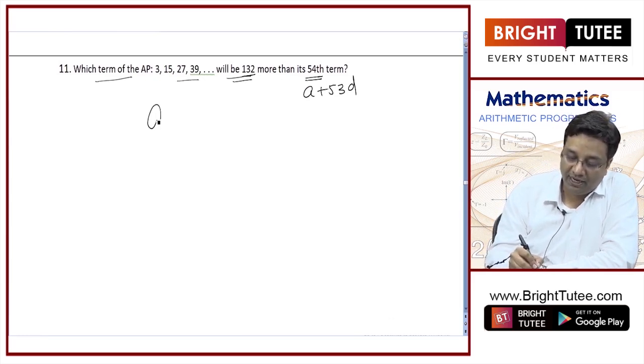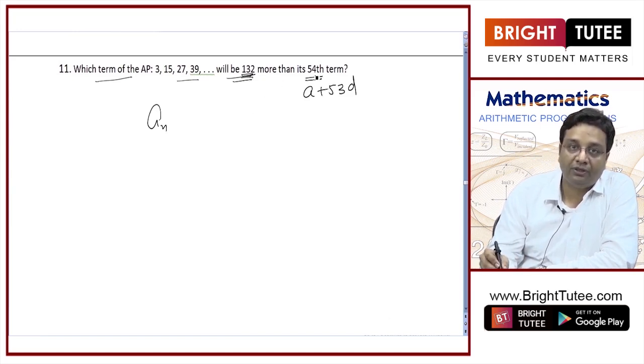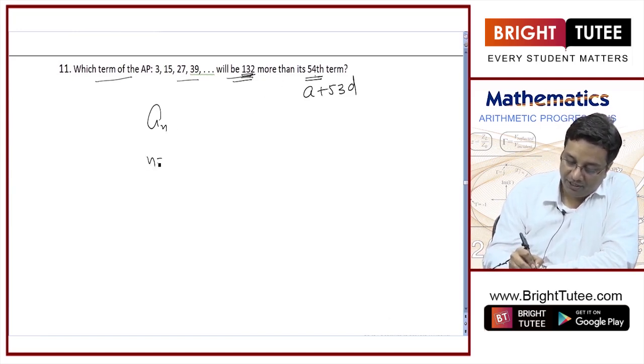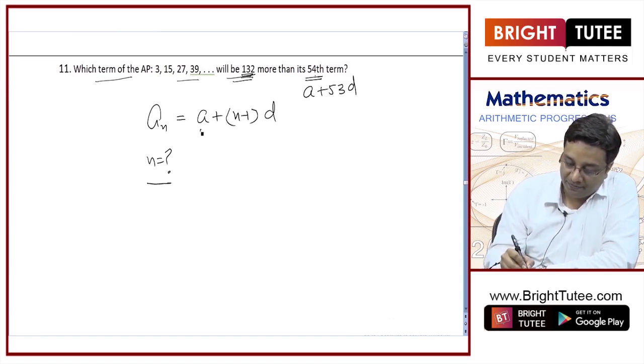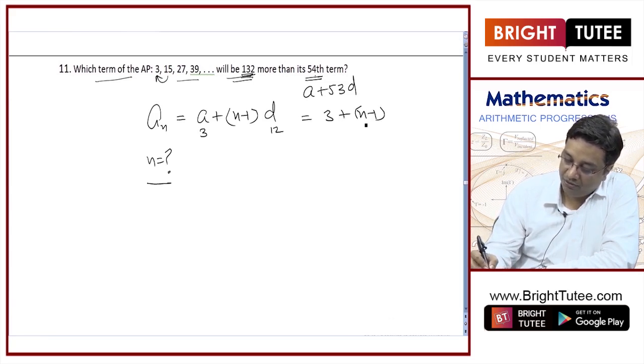Let's assume nth term will be 132 more than 54th term, and we need to find n in this question. What is nth term? It is A plus n minus 1 into D. A is 3, and what is D? 15 minus 3, 12, right? So 3 plus n minus 1 into 12.